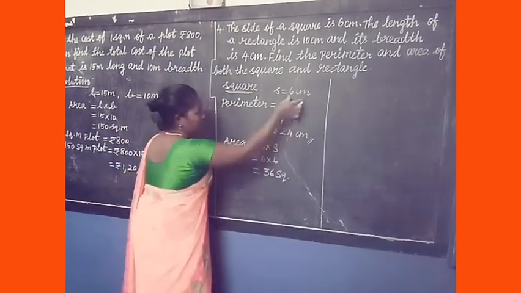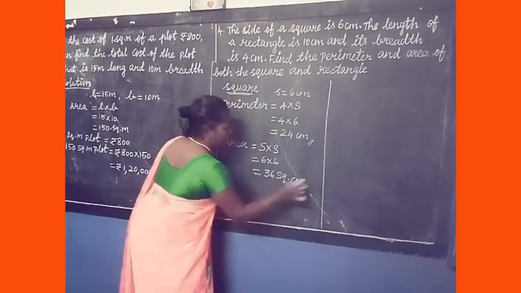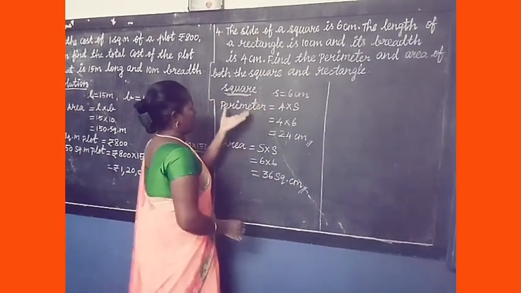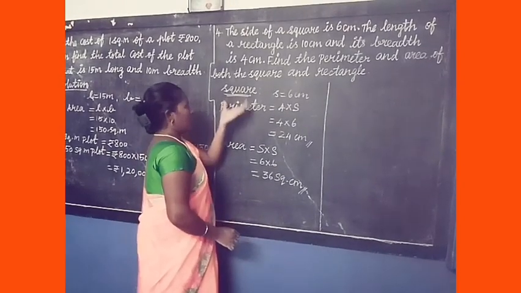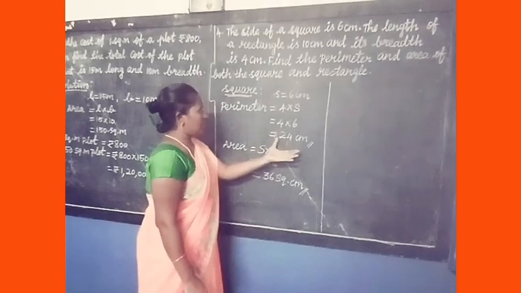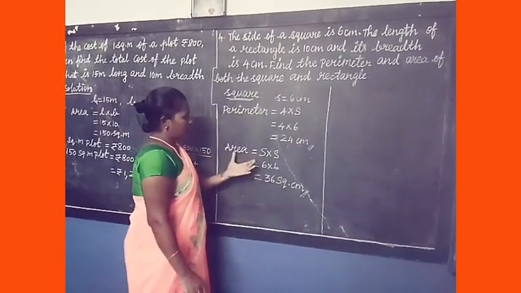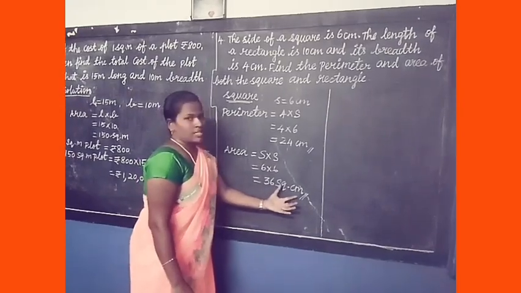What is the unit value? Centimeter. So square centimeter is the answer. So for the square shape, the perimeter of the square is 24 centimeter, and the area of the square is 36 square centimeter.